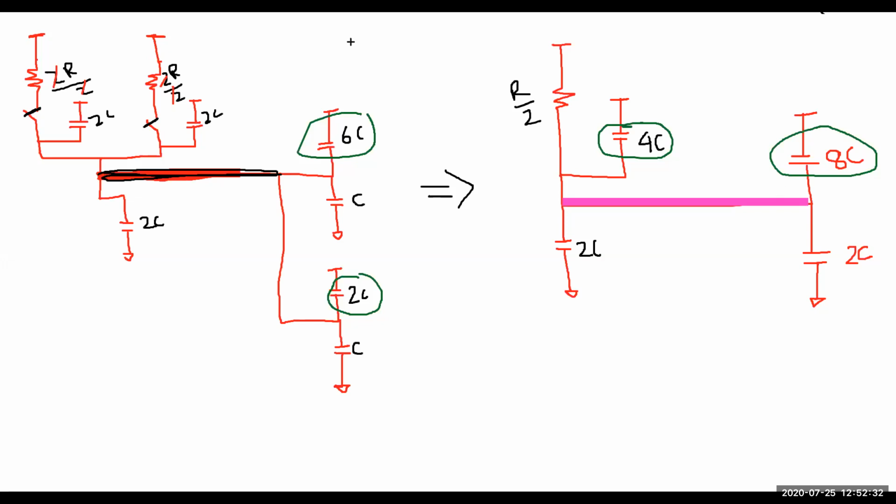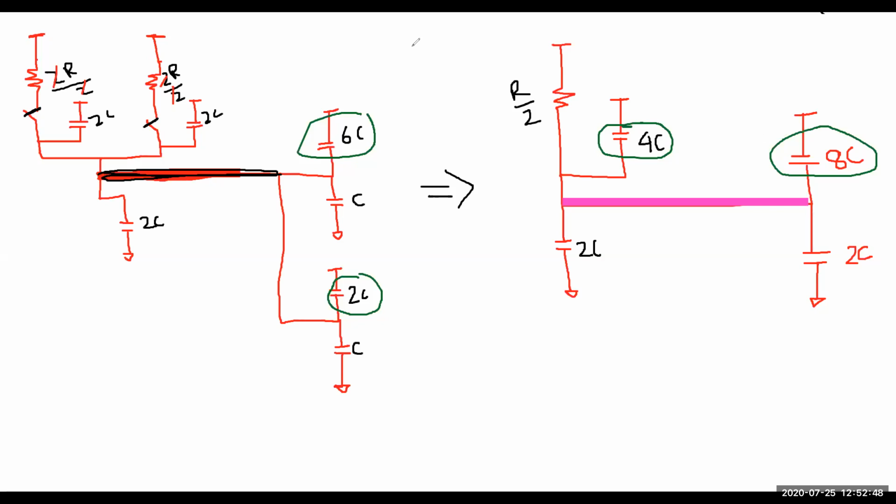This point and this point are what? Shorted. They are the same. Understand? Okay. So can we call them 8C and 6C, 4C? They are parallel.